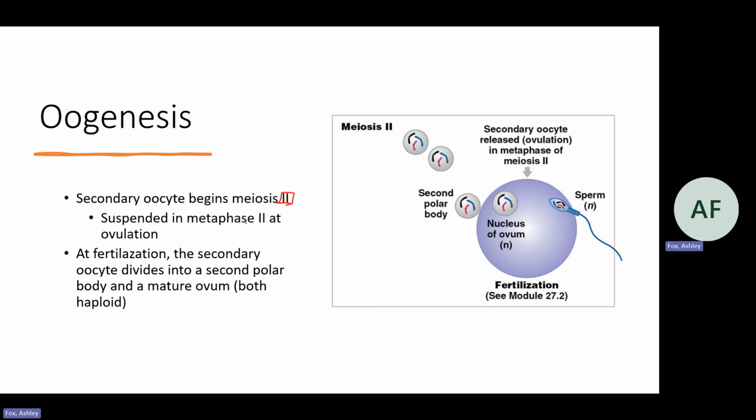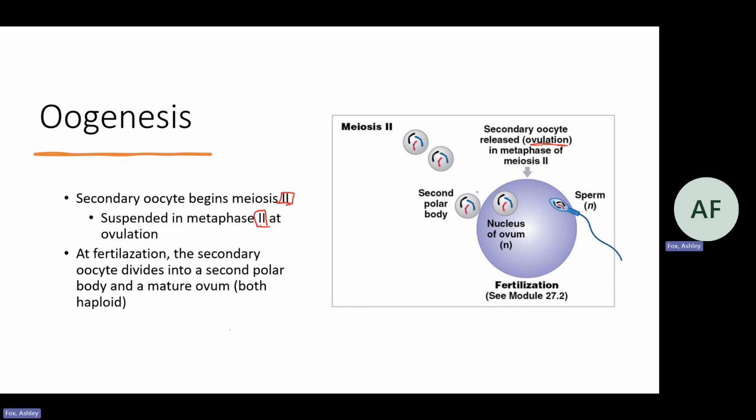The secondary oocyte is frozen in metaphase 2. So it completes prophase, but stops at metaphase. The secondary oocyte is released, or ovulated. And again, it's frozen. If fertilization never occurs, it leaves the body or degenerates and nothing happens. If fertilization does occur, where sperm comes in and fertilizes that secondary oocyte, then we finish meiosis 2.